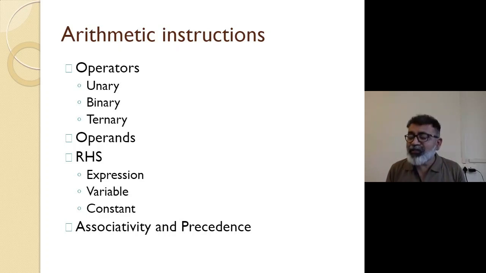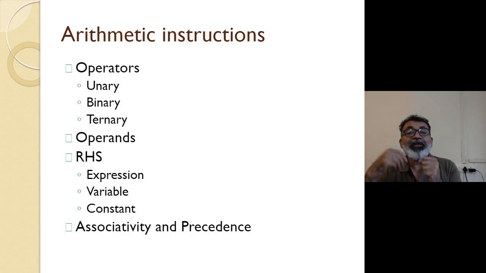Like in mathematics, we have seen associativity and precedence, if you can recall. Something written inside brackets we solve first while solving an expression. Bracket has higher precedence, higher priority.